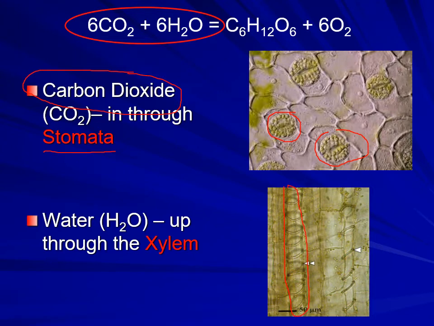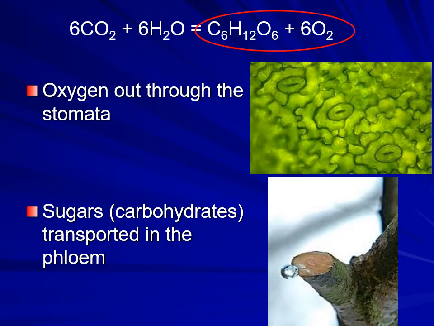Because remember, we need carbon dioxide, we need water, we need electrons. We need all these things in order to make sugars. So we have xylem delivering water to the leaves, and we have stomata opening and closing, letting gases into the leaves.